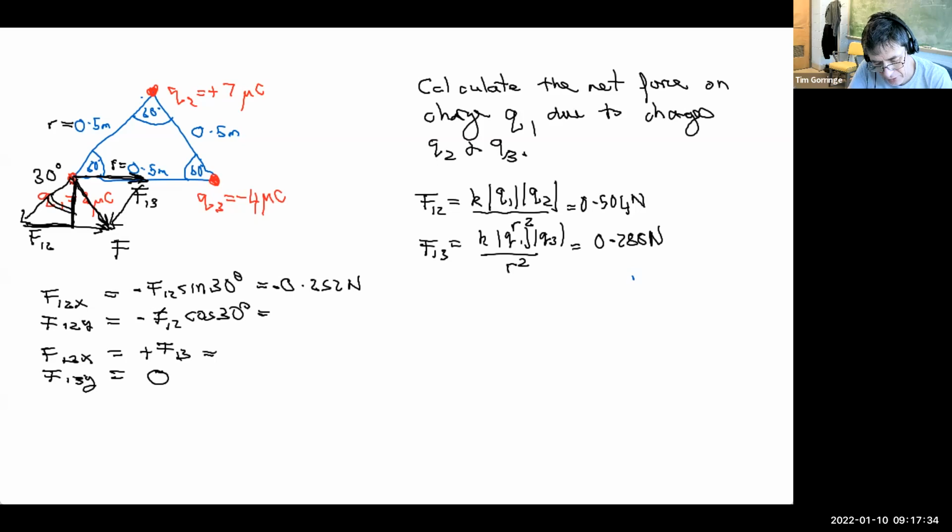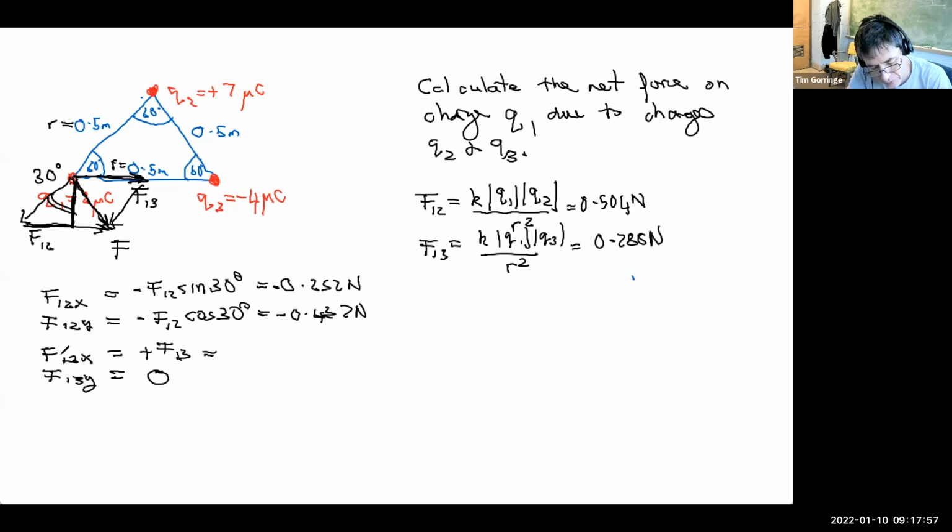And then I got F12 again for the y component, 0.5 newtons times cosine of 30 degrees. I calculated that to be 0.437 newtons, and that is also in the negative direction.